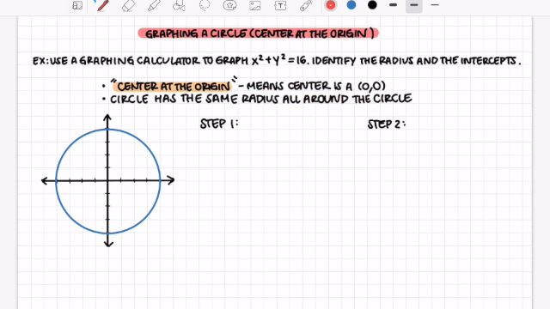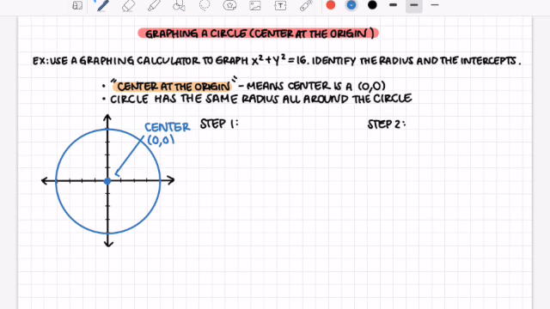And the center location would be right here then. So this is the center of our circle. Center is 0, 0.